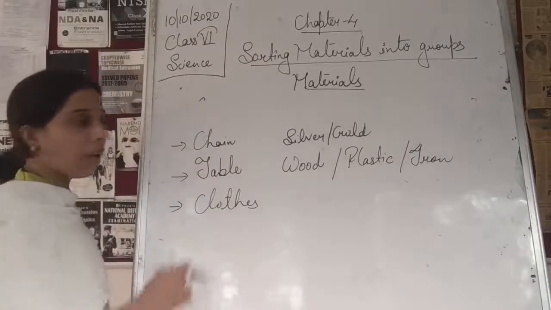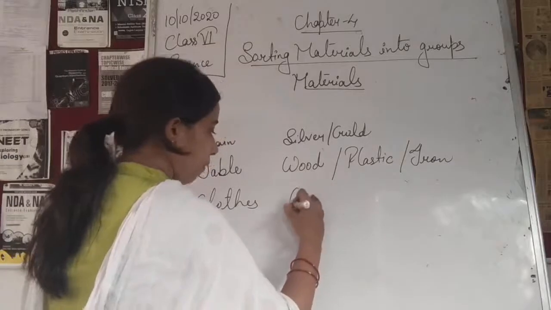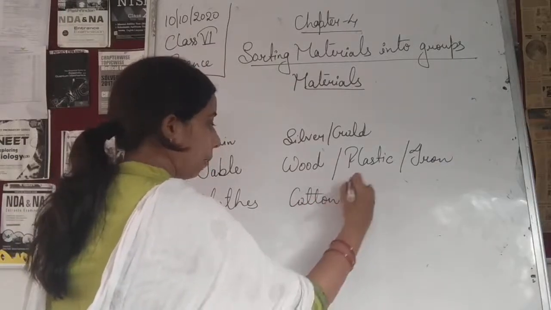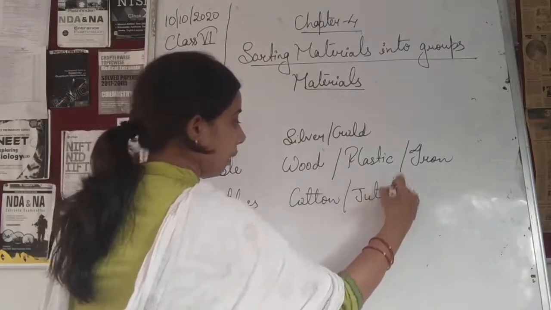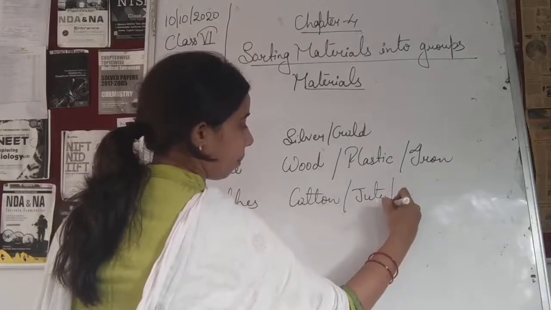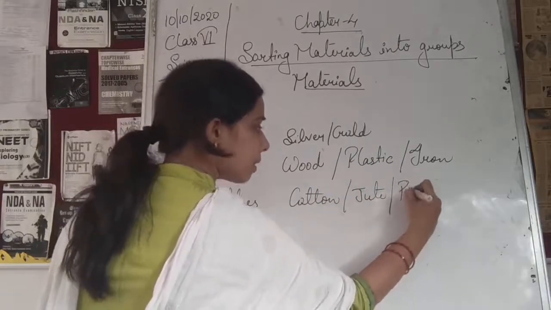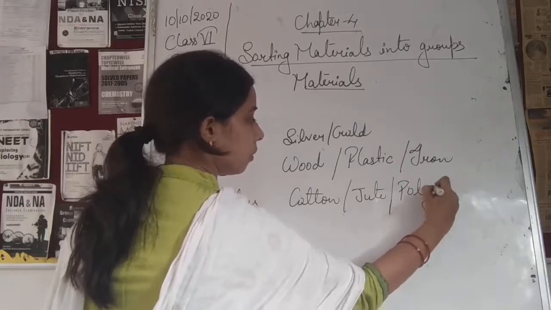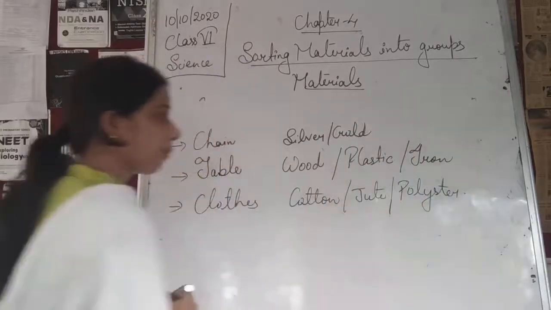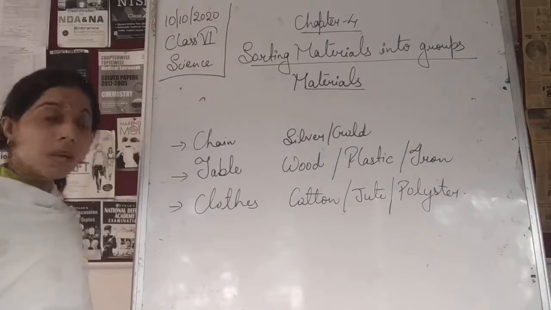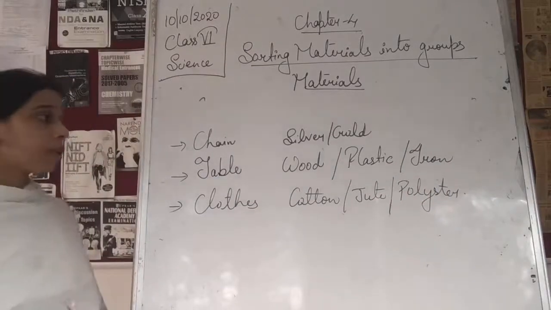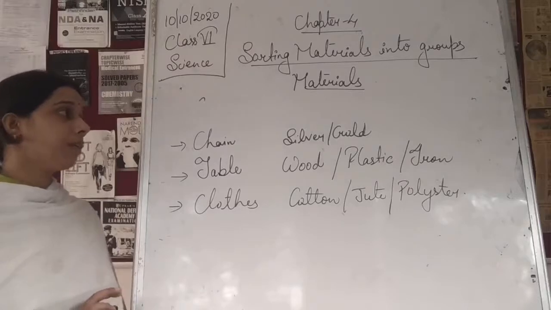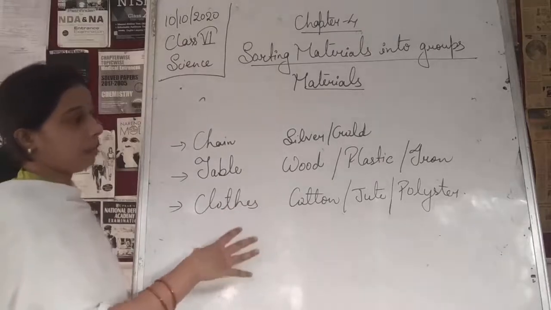It is an object and it can be made up of cotton, it can be made up of jute, it can be made up of polyester, anything. Or nylon. Okay, so you see one object is there and it is made up of the materials.